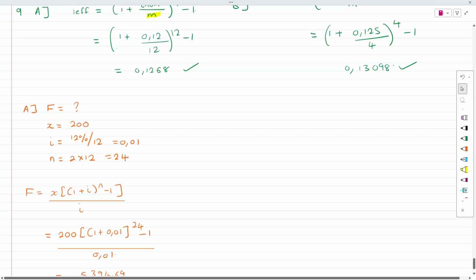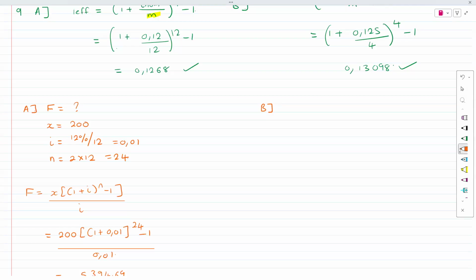Let's go with option B. Option B is the exact same thing, guys. When it comes to option B, it's very, very simple to deal with. Okay. So for option B, we got future value, we got X, we got I, and we got N. So N is 2 times 4, which is 8.